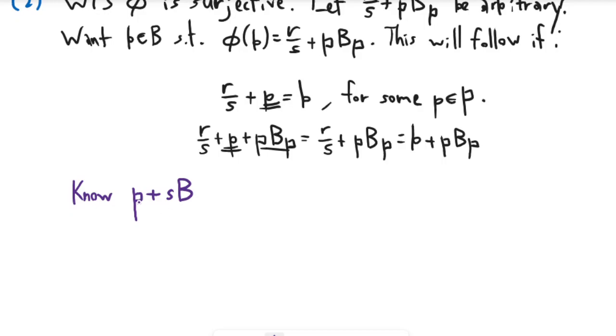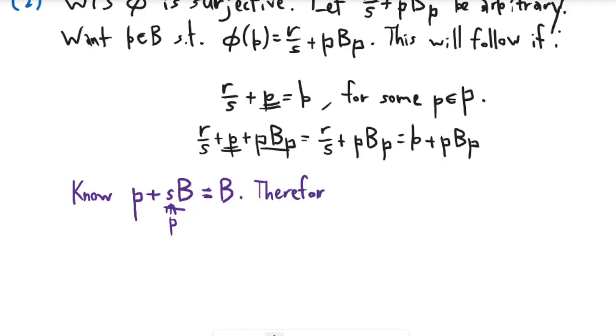And so we know that if we add another ideal to this ideal P, as long as the ideal is generated by something that isn't in P, right? This isn't in P. So we know that this is an ideal that strictly contains P, and so that forces this to be equal to B, right? Because P plus SB is an ideal. We know that it contains P, and we know that it's not equal to P because S isn't an element of P. And so this is equal to B.